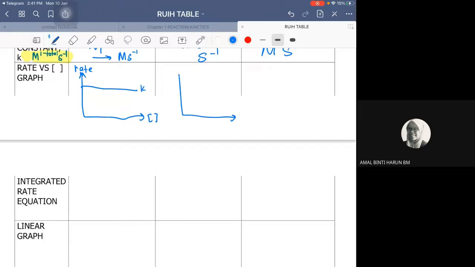Kalau first order, you akan dapat apa? Rate versus concentration. Dia akan naik macam ni. So the gradient is equal to the K. And second order, dia akan naik macam ni. So this is the rate and concentration of A. Kuadratik lah.